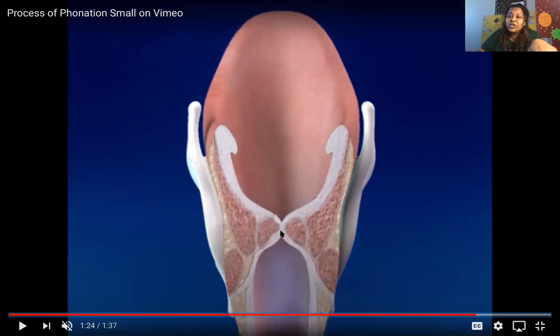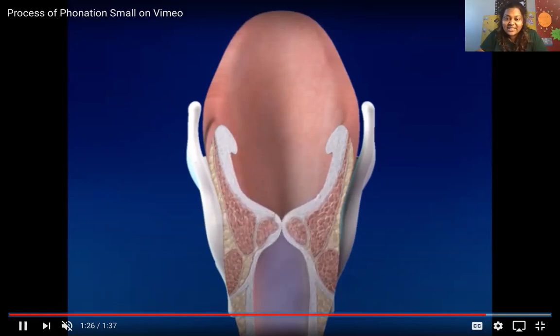So in the previous video, the beautiful wave-like movement of your vocal folds that you saw is nothing but the same movement. So every time a puff of air goes out, you're actually talking or singing on that puff of air.